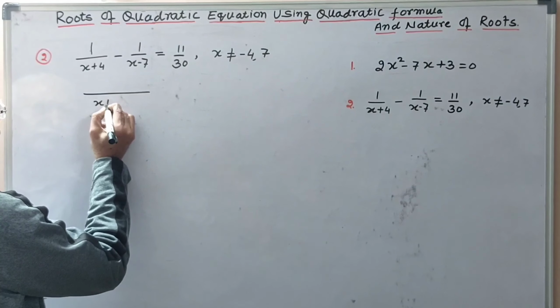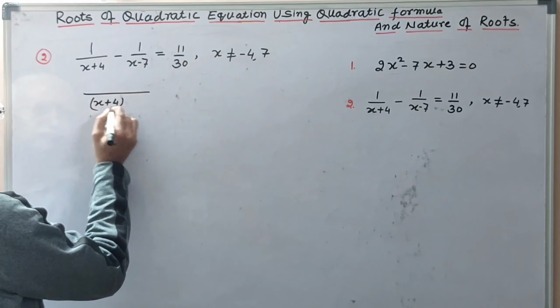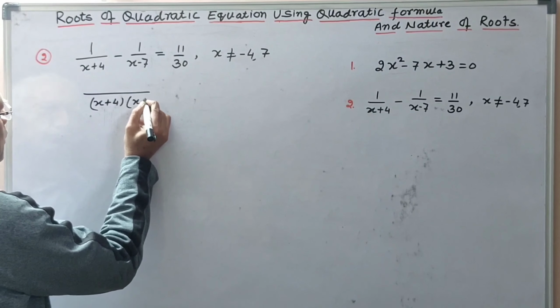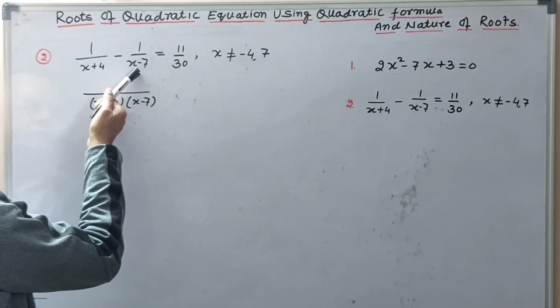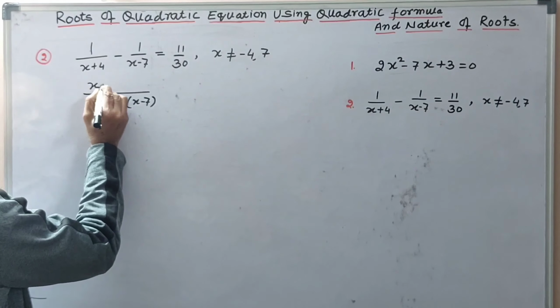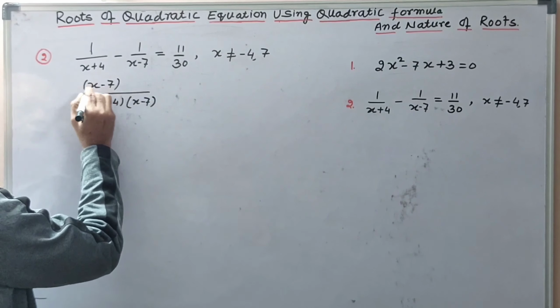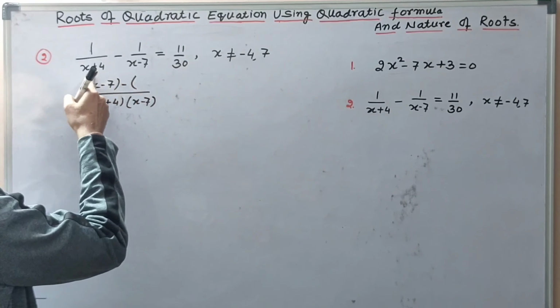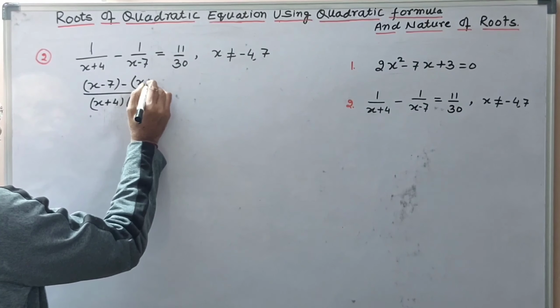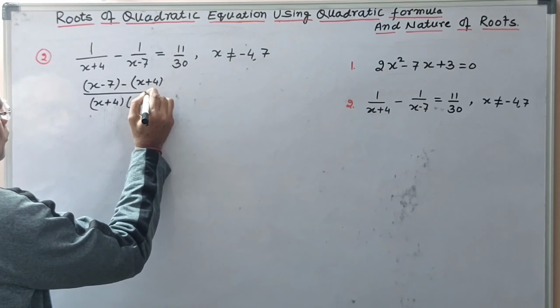Taking LCM, x plus 4, x minus 7. x minus 7 into 1, x minus 7, minus x plus 4 into 1, x plus 4.